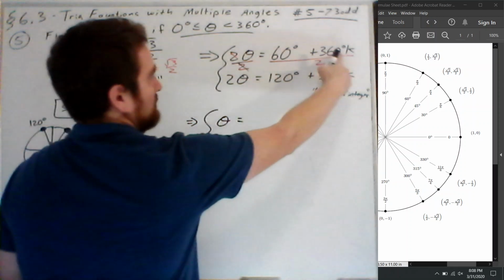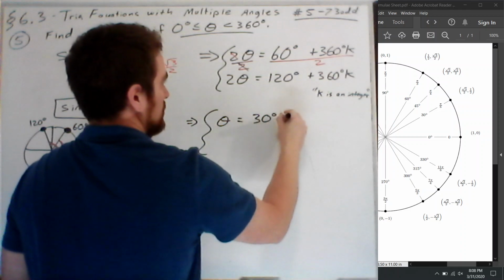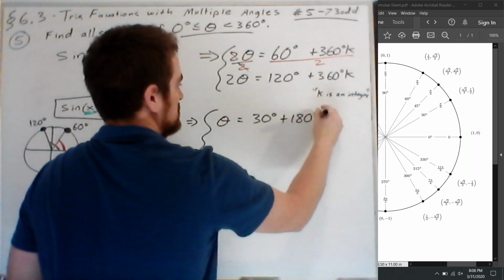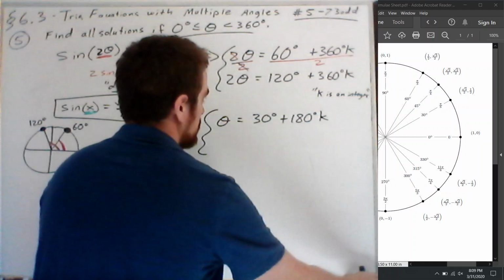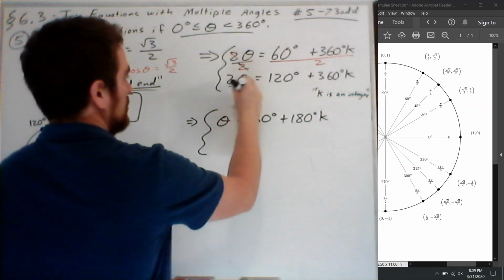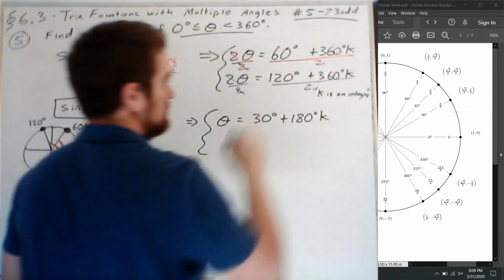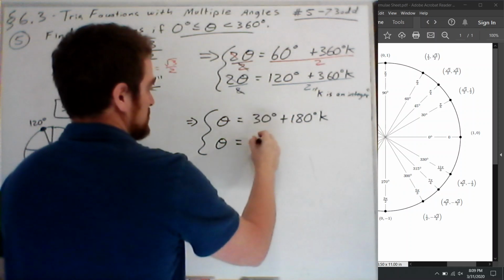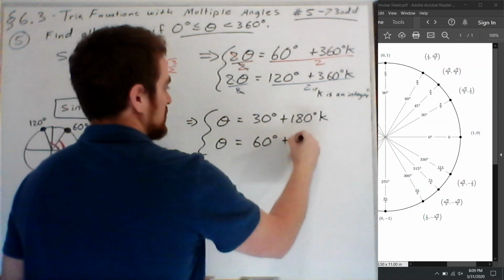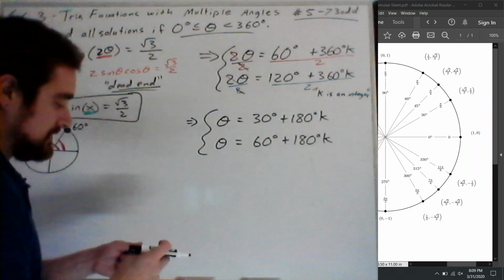Now when I have 2 terms, I have to divide each term by 2: 30 degrees plus 180 degrees k. Or for this second one, where it could have been 120 to start off, I have to divide both sides by 2, which means theta could have been 60 degrees plus 180 degrees times k, again, where k is an integer.